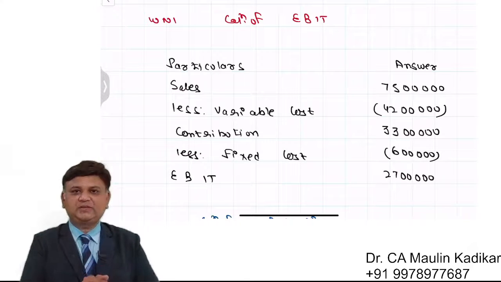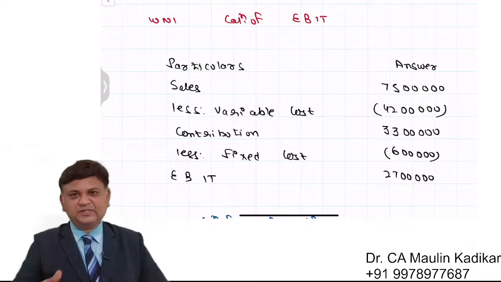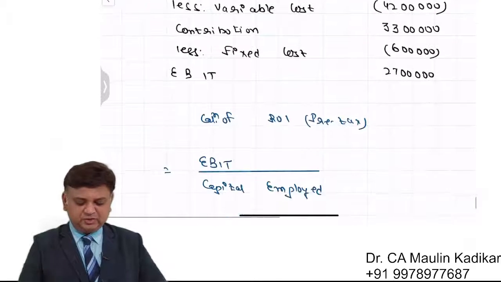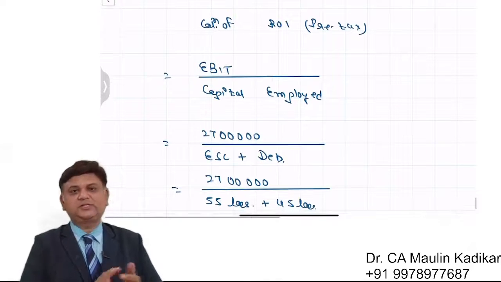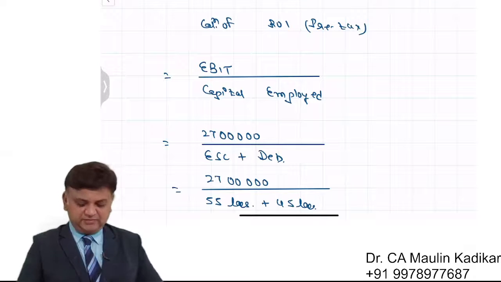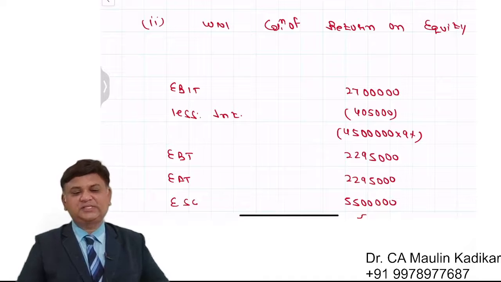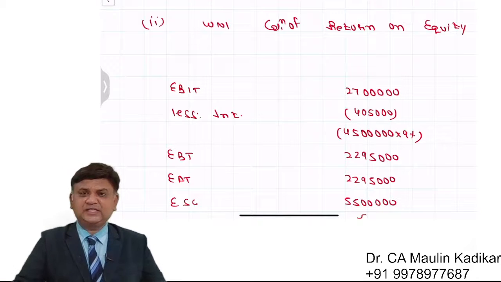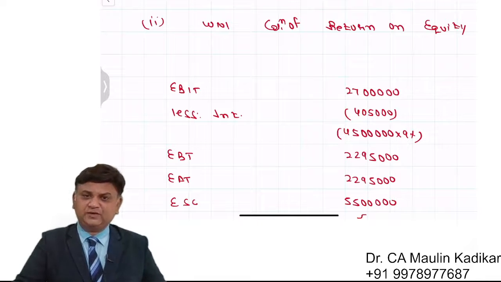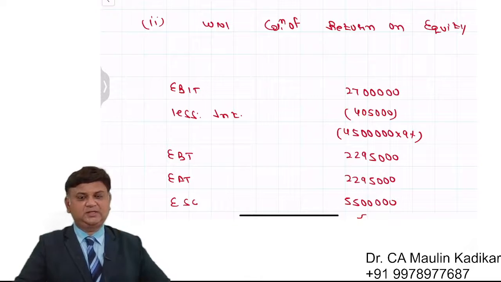A small revision of the answer. In the first part of the question, we are required to find the return on investment. Of course, it is pre-tax. Why? Because the tax rate is not given. The second part of the question is very important. The question asks whether raising the debt financing is working favorably for the company, meaning for the equity shareholders. Answer is yes. Why?